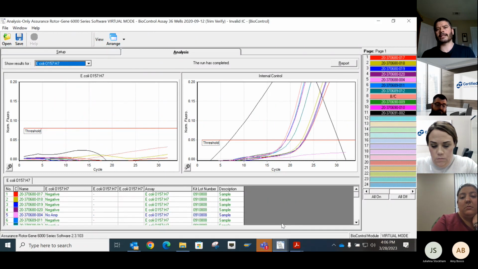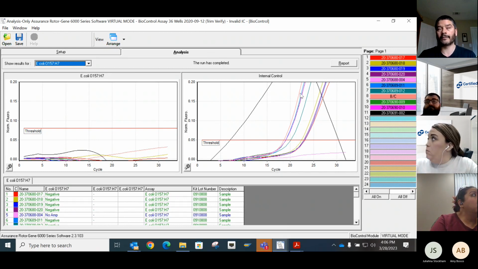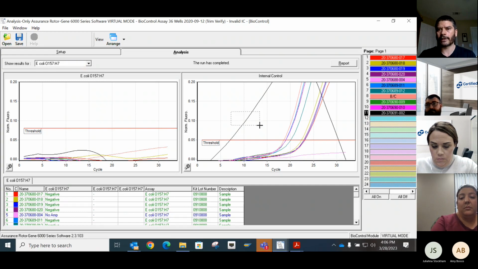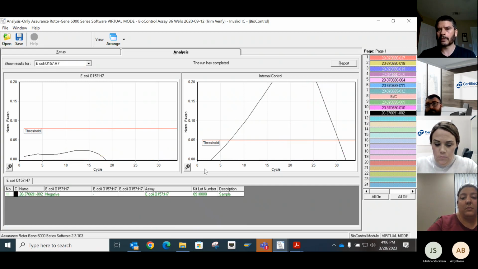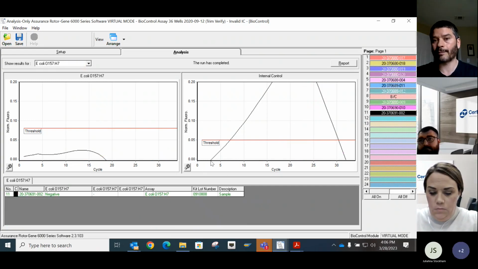So if we look at ICs some more, if we remember what we talked about, ICs do not start amping until 18 to 20 cycles. They have the normal DNA amplification, which is exponential growth in the line. And if we isolate this sample, there's no positive control that's going to start amping at 4, cross the threshold at 6 or 7, and then dive back down.